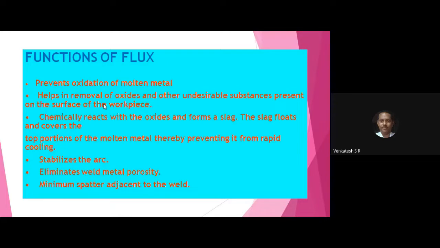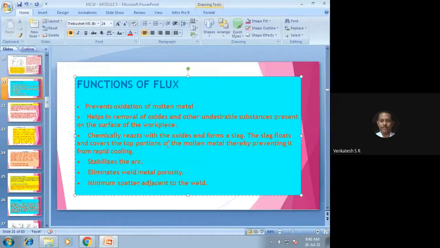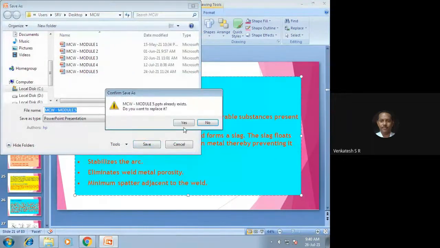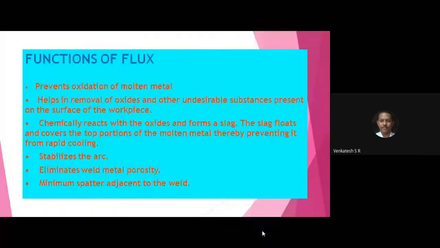The slag floats and covers the top portions of the molten metal, thereby preventing it from the rapid cooling.